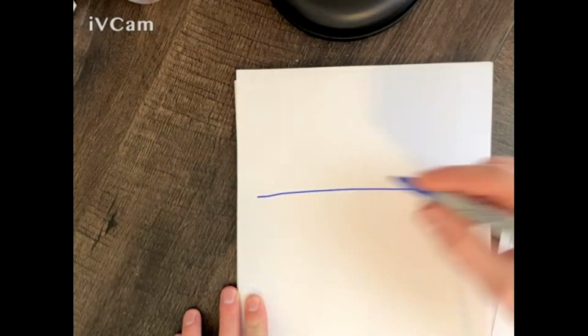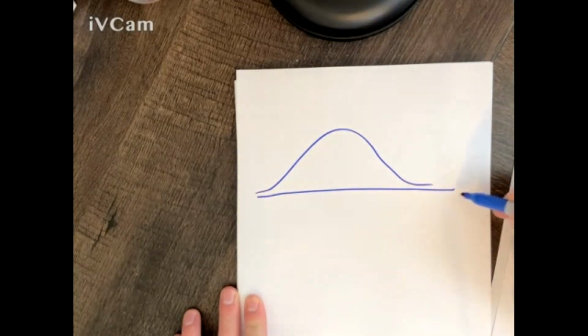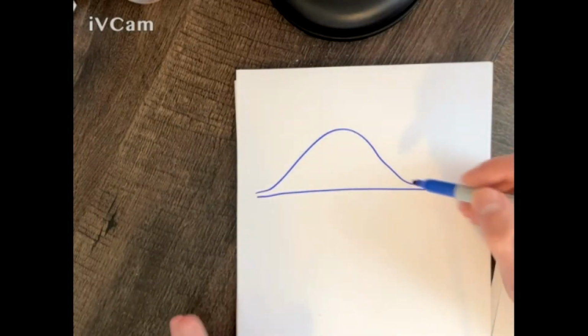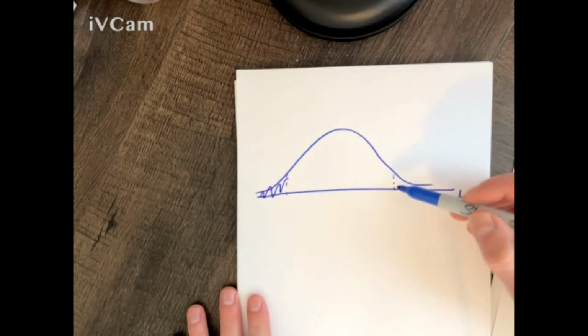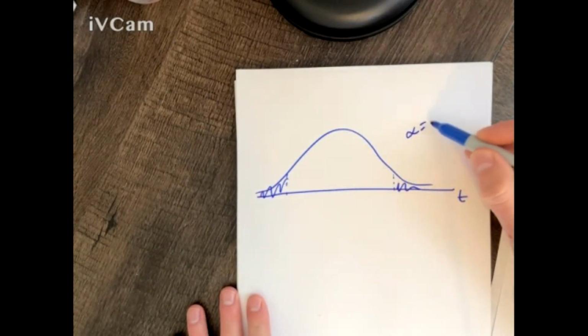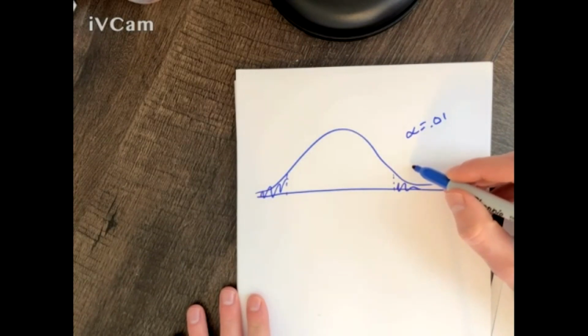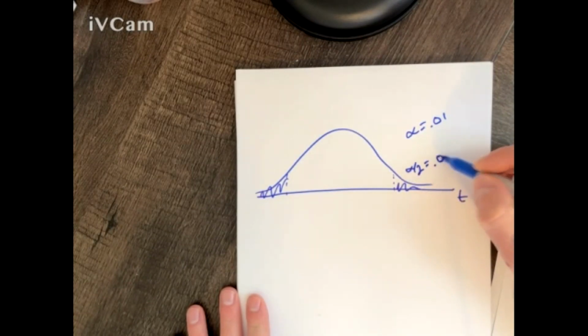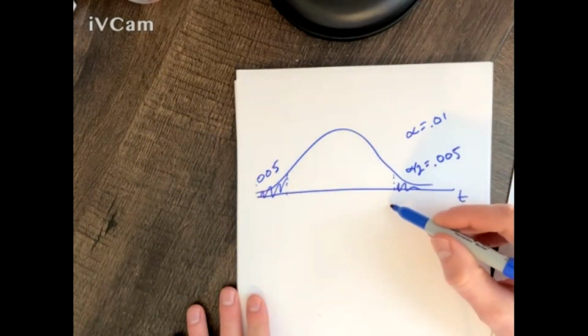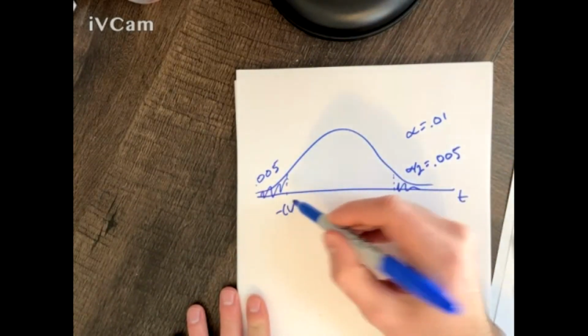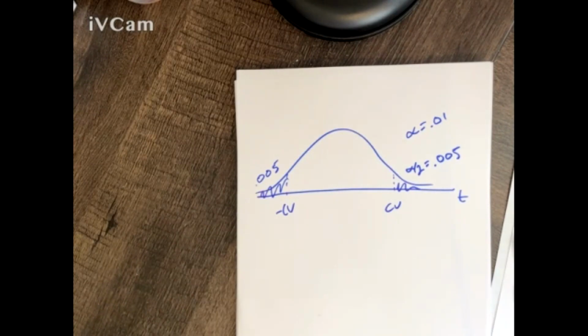So what I'm thinking about is I've got this student t distribution. I've got a two-tailed test, so the total area in the tails is my alpha value of 0.01, which means there's half of alpha in each tail. So the area that I want in each tail is 0.005, and I'm going to have a pair of critical values for this two-tailed test.